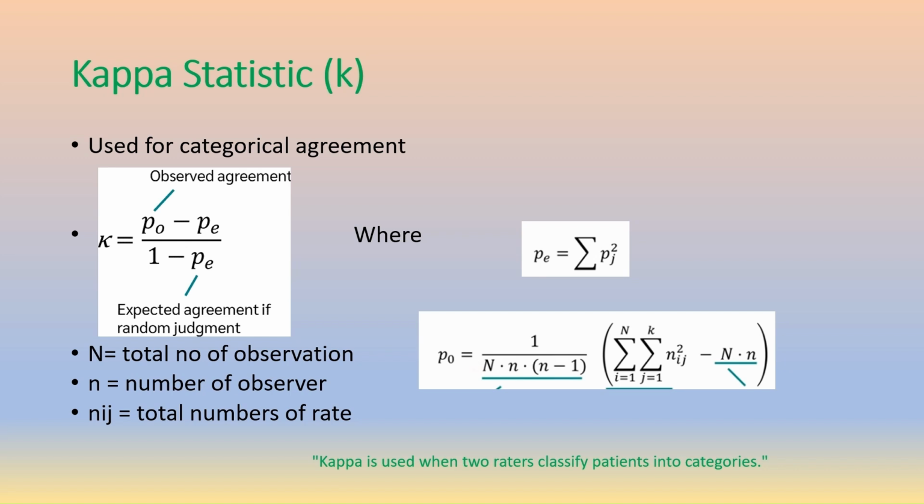Po is the observed agreement, Pe is the expected agreement if random judgment. N is the total number of observations, small n is the number of observations, Nij is the total number of ratings.